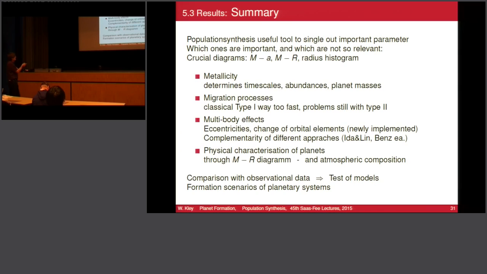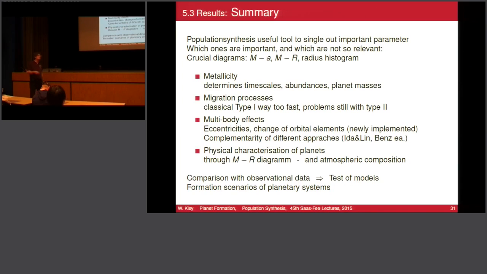Important is the metallicity, which determines the time scales, of course, abundances of planets, and planet masses. We have seen this: the metallicity changes the mass of the planets. Migration processes: we have seen that through these population synthesis models, it was possible to identify problems with type 1 migration, for example, which later on was seen to be a real physical inaccuracy we had initially.